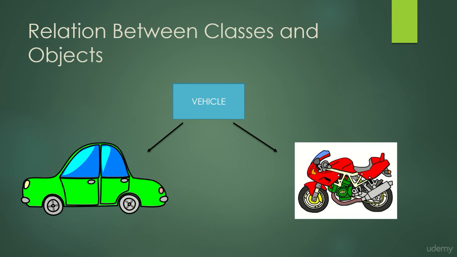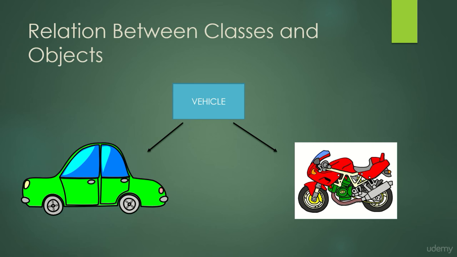That means they have the properties of a vehicle. So if vehicle is the class, car and bike are objects of that class. You got the point here, right? Because both a car and a bike have properties similar to those of a vehicle, we can call car and bike a vehicle.